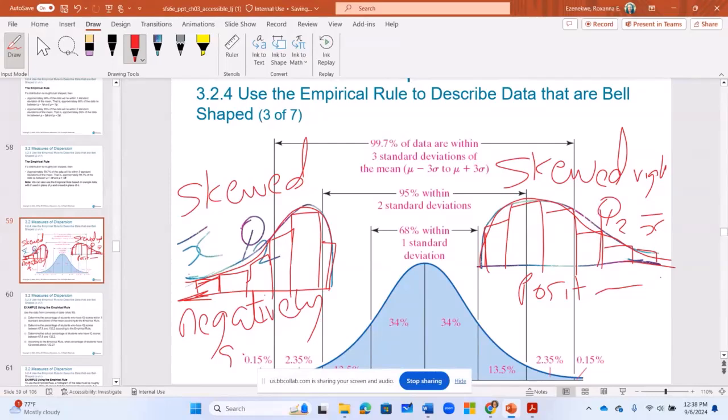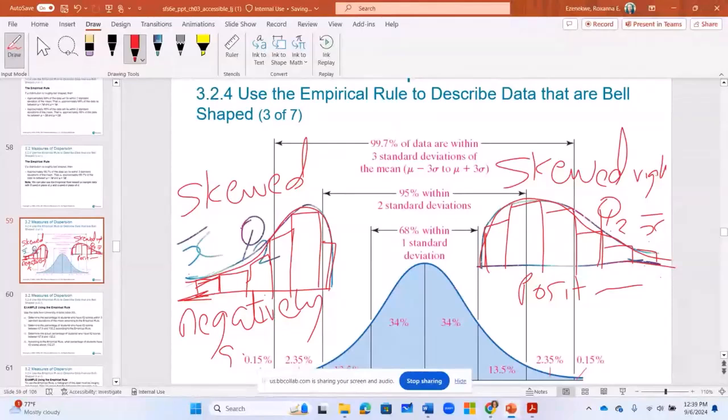So in a test and the pretest, you will see a question on skewness. And then you will be expected to find the mean, find the median, and then compare them. If the mean is greater than the median, skewed right. Remember that the median is the same as the 50th percentile or second quartile.